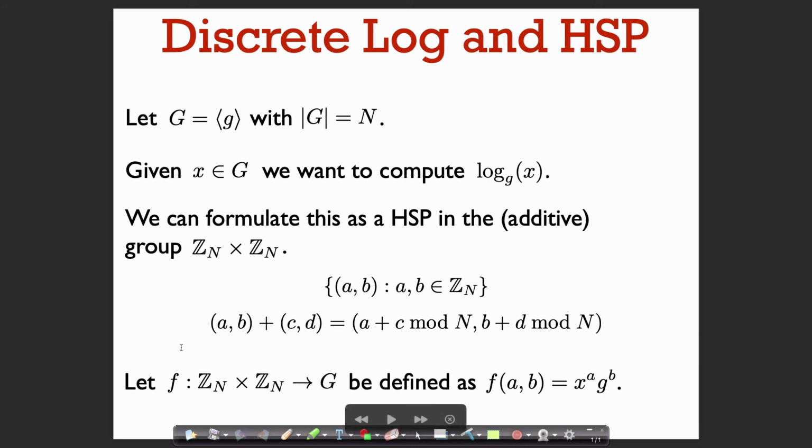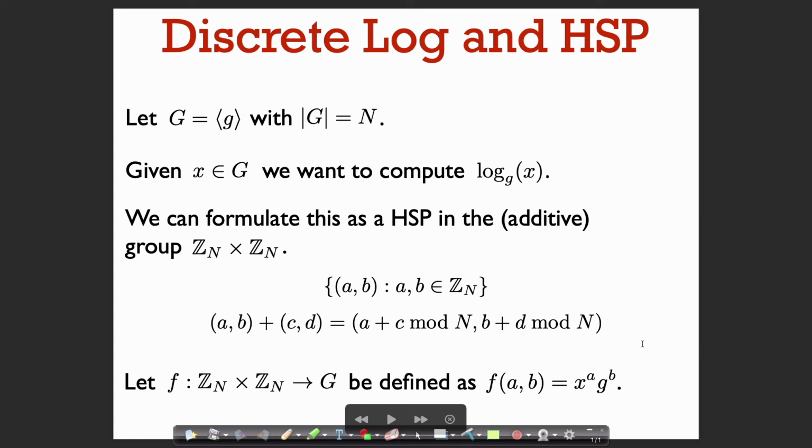Now we want to define a function f from Zn times Zn to G that is somehow going to encode this value that we're interested in, log base g of x, as a hidden subgroup. The definition of f is just going to be the following. On input a comma b, f is going to be equal to x to the power a times g to the power b.